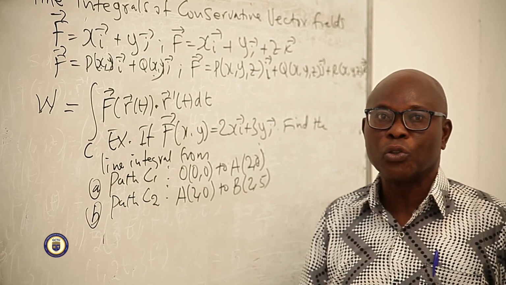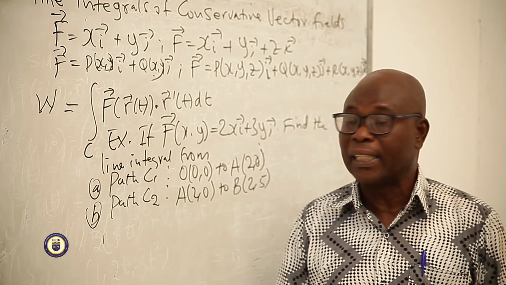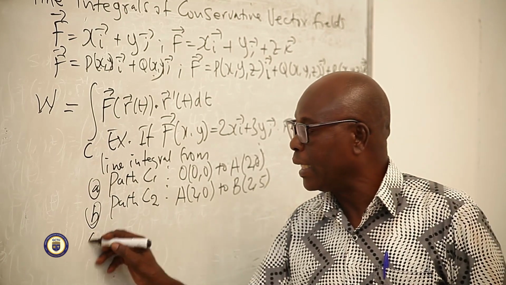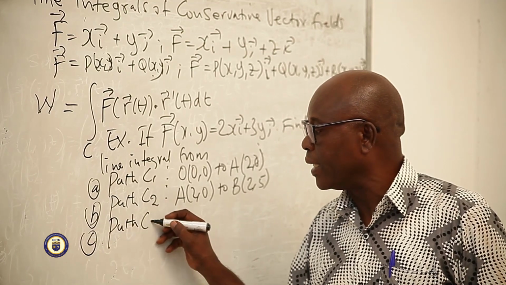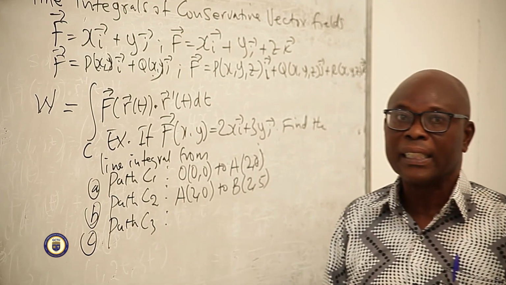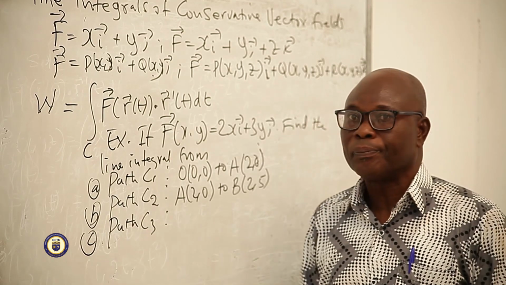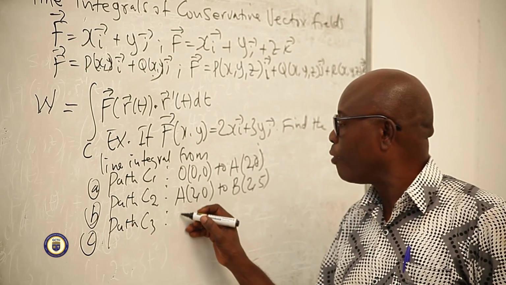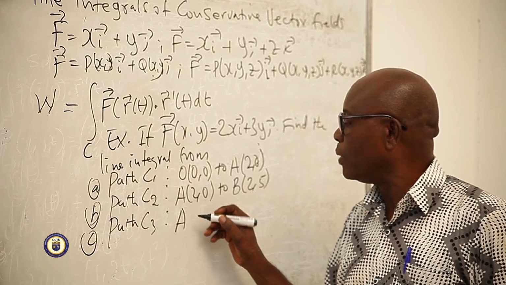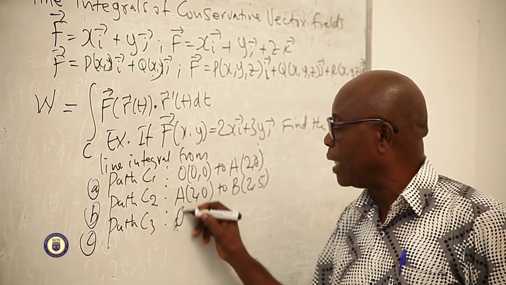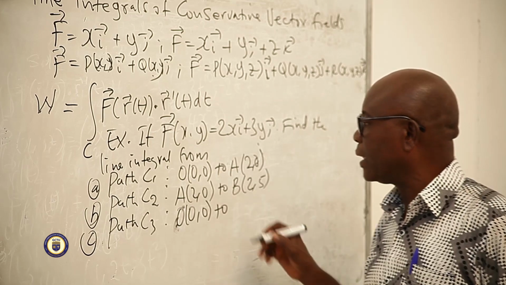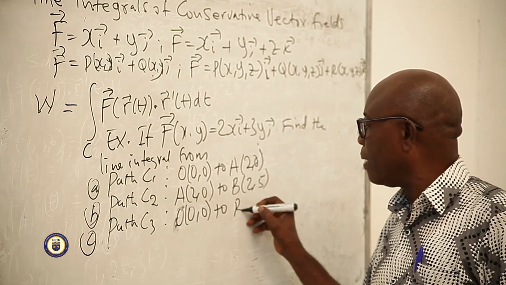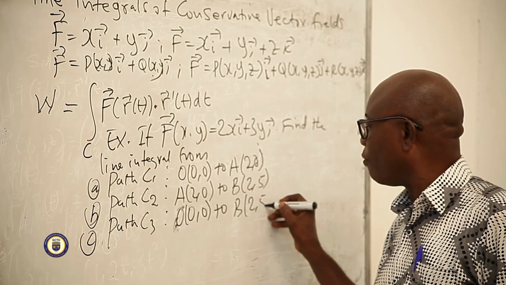Then we can also find a line integral along another path, let's say path C3. In this case, C3 moves from the origin 0, 0 to the point B, which is 2 and 5.